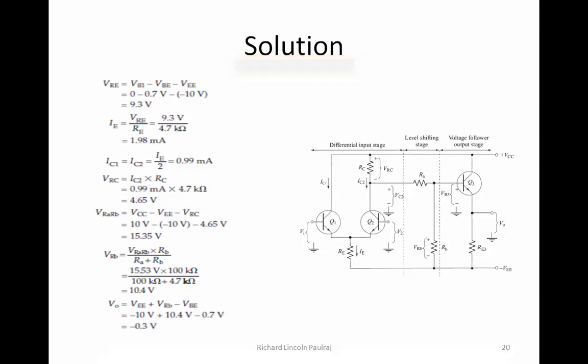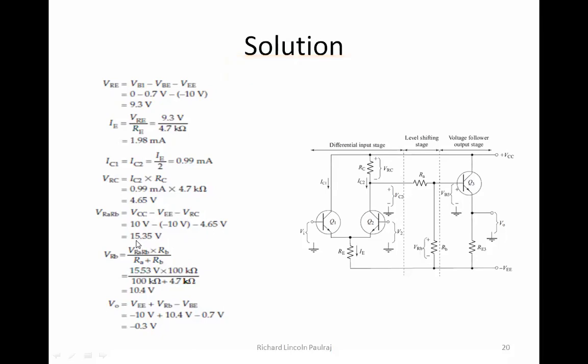In the question, if you can read, it says that RB does not have any effect, so it's going to be as good as VRC. Because it has plus or minus 10, so 10 minus of minus 10, minus VRC, which we calculated here as 4.65. So when I calculate, I get about 15.35.